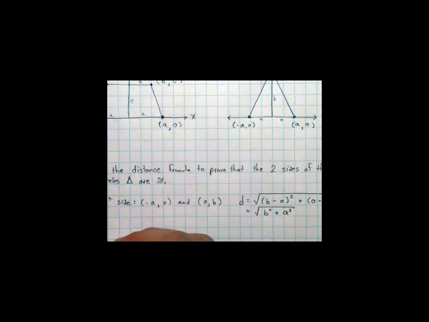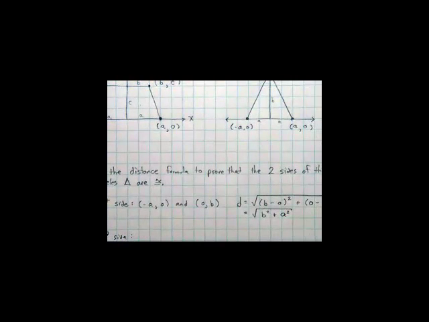So, second side, the two points for the second side would be a, 0 and 0, b, right? So let's do the same thing.